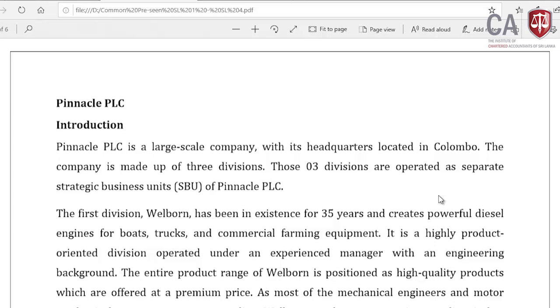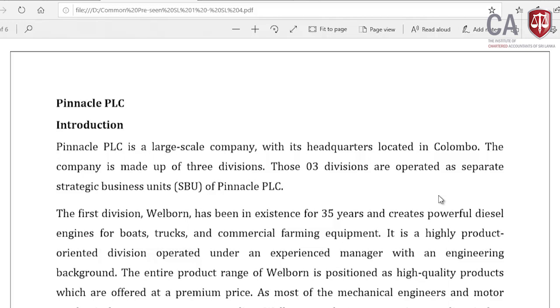If you look at the introduction, it says Pinnacle PLC is a large scale company. The company name is Pinnacle PLC. It has 3 divisions.